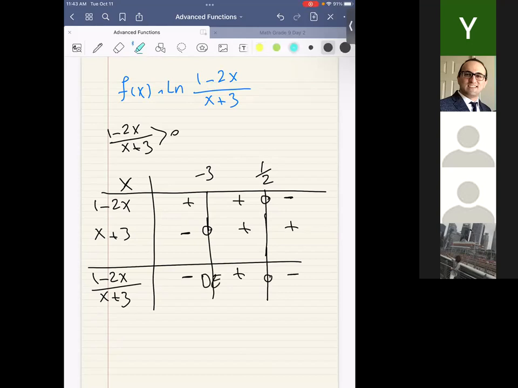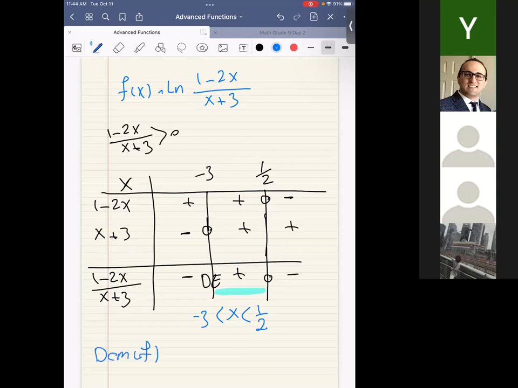Now, where is the solution? We are looking for the region in which 1 minus 2x over x plus 3 is positive. So x has to be between minus 3 and 1/2. And that's the domain.